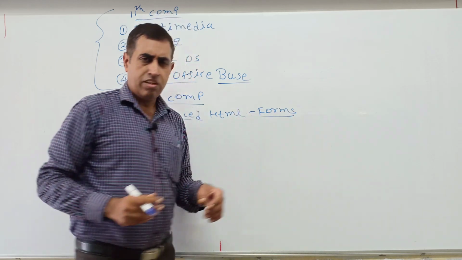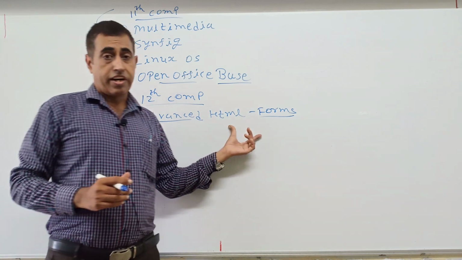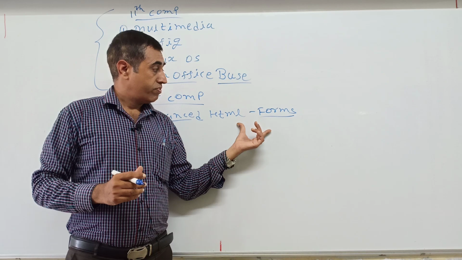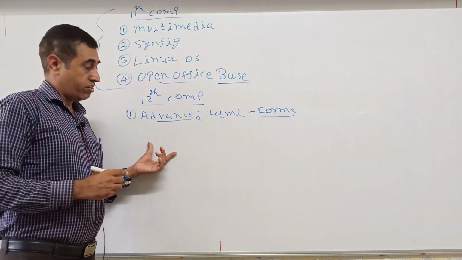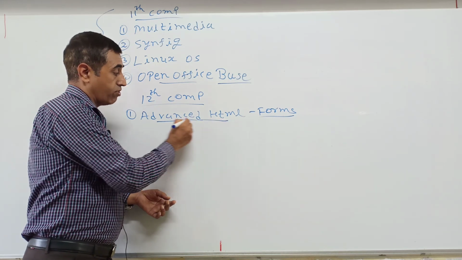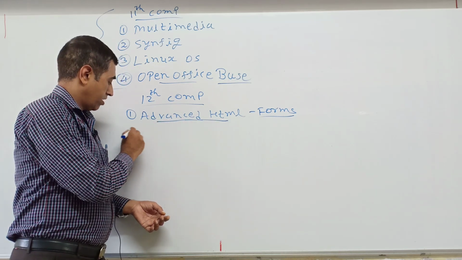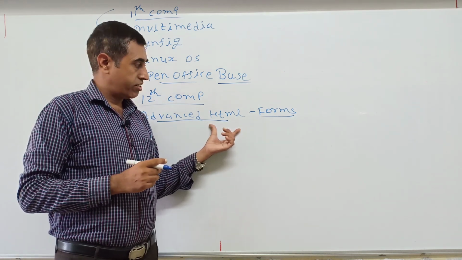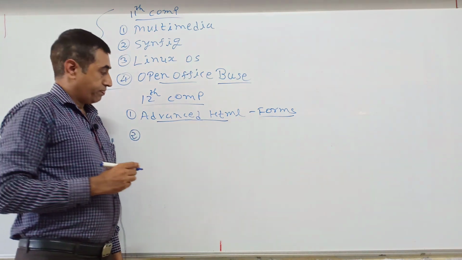You see, nowadays most of the work is done through internet. So whatever information you have to send, that you can send directly through form. So we can create forms. How to create forms, that we have to study in advanced HTML. HTML is a language that is used to create web pages. So that you have to study in 12th standard.